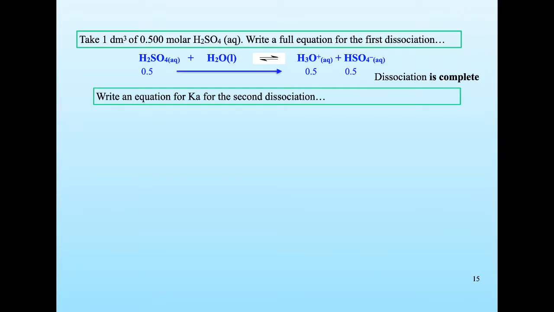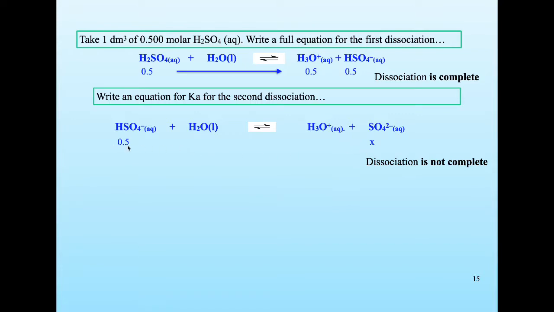What's the Ka expression for this second dissociation? The dissociation is not complete here, so we have to write a Ka expression. Well, 0.5 moles per decimeter cubed of this, in this case, we've got to use a little bit of algebra to work this out.